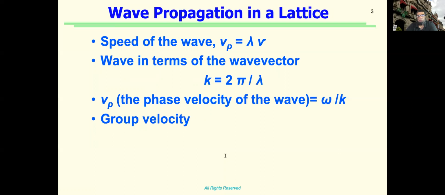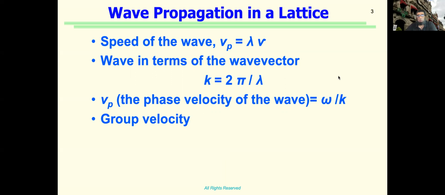So when we do that, we are interested in the k-space properties or the wave vector properties. When we describe it in terms of the wave vector, that is 2 pi over lambda. So k is 2 pi over lambda. These are basic relationships.